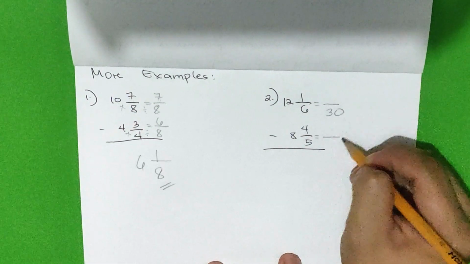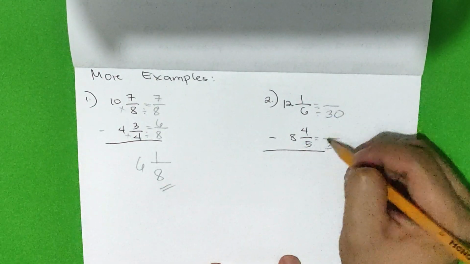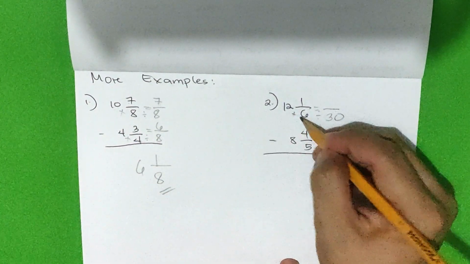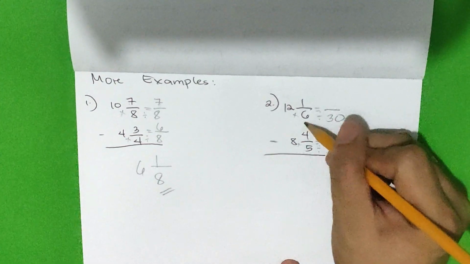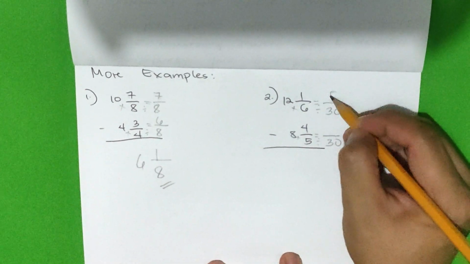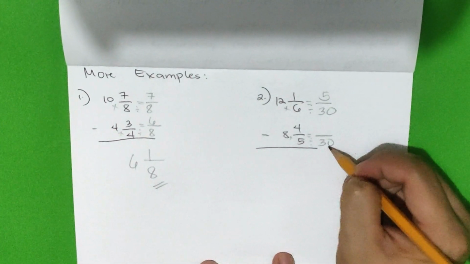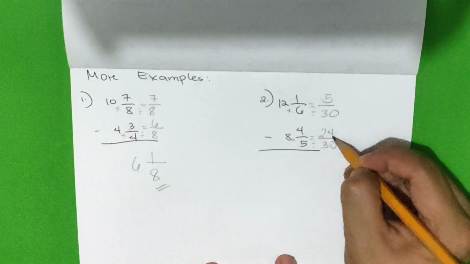It's number 30. Let us divide the LCD by the denominator and multiply the quotient to the numerator. So 30 divided by 6 is equal to 5 times 1 is 5. 30 divided by 5 is 6 times 4 is 24.